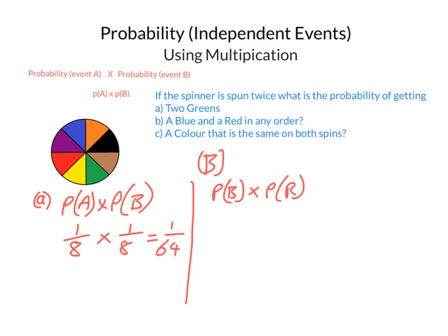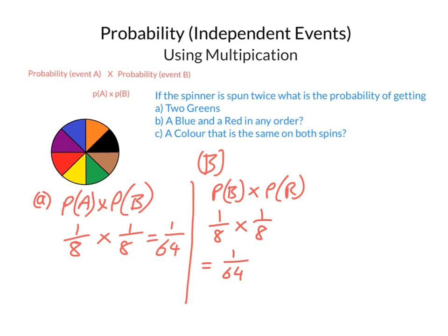Well, the probability of getting a blue, there's only one blue, so it's a 1 in 8 chance. And we're going to multiply this by the probability of getting a red, which is also 1 in 8. And that's going to give us a probability top times top and bottom times bottom of 1 in 64.